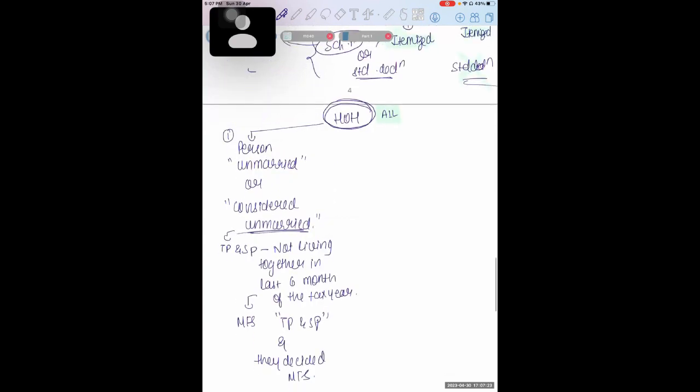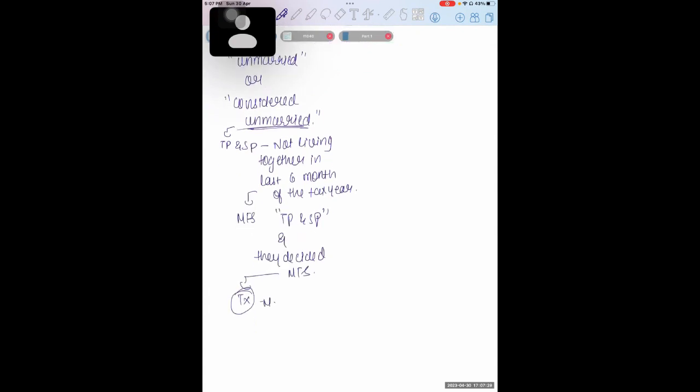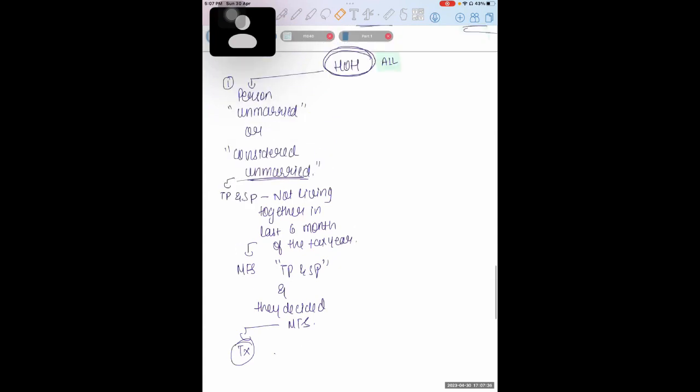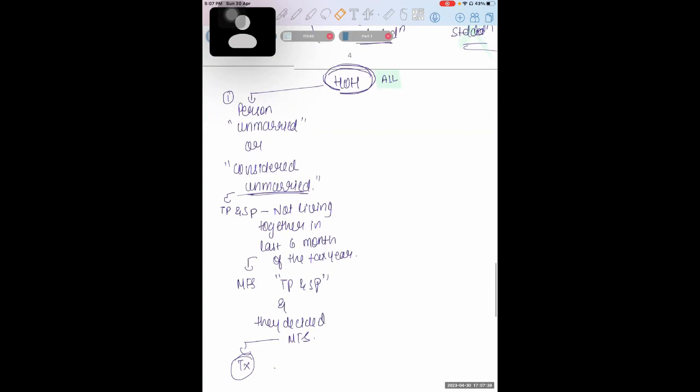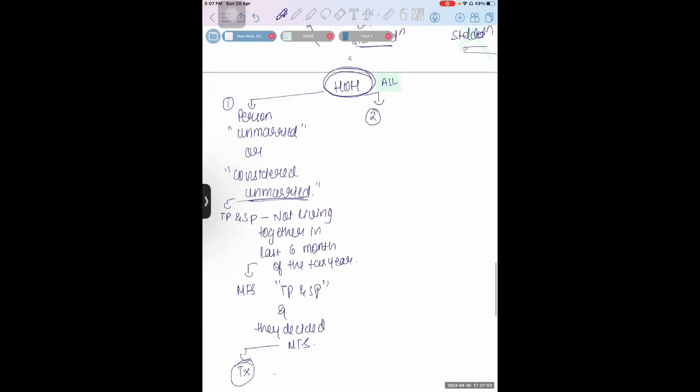So let's say the taxpayer is married but not living with the spouse, and they have mutually decided to file a separate return. So the taxpayer can go for HOH status. But again, here it is mentioned all the criteria. So what are the other criteria apart from this? The second criteria is the qualifying person.